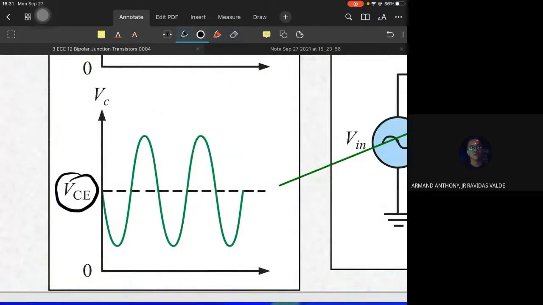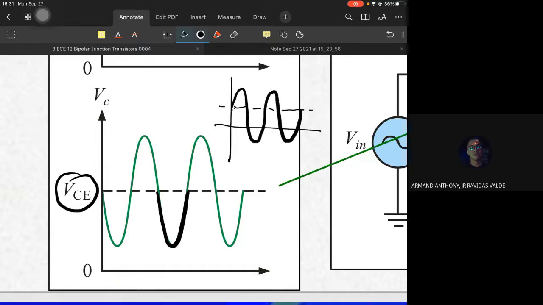We design the circuit such that VCE is high enough to accommodate the negative half cycle of our signal. If the value of VCE is too low, the signal will be clipped off, which is a waste.